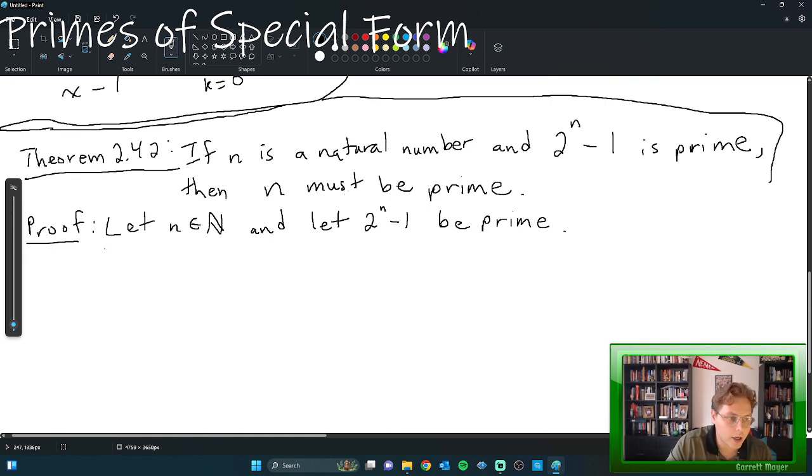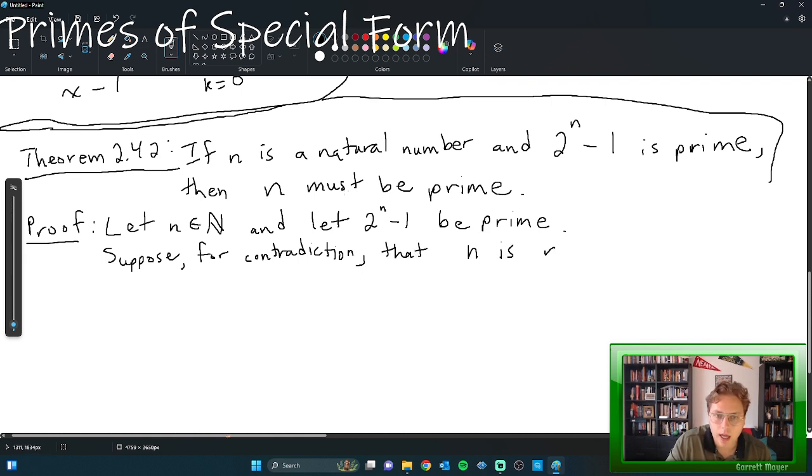Now suppose, for contradiction, that n is not prime. And we're going to show how this leads to a contradiction, which means that the idea that n is not prime is absurd, so n has to be prime.